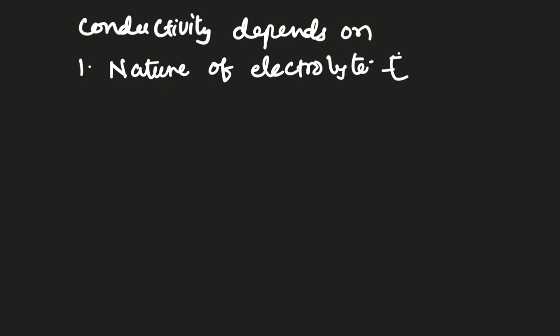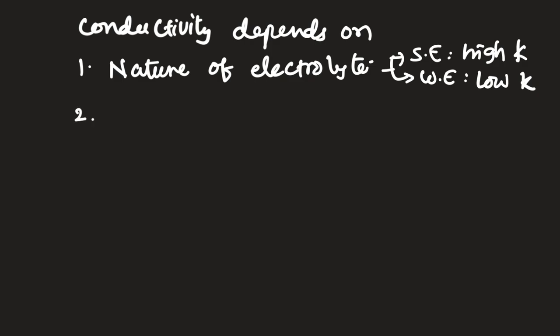One is strong electrolyte, another is weak electrolyte. Strong electrolytes have a high conductivity, weak electrolytes have a low conductivity, because strong electrolytes completely ionize. Conductivity is denoted with a K.